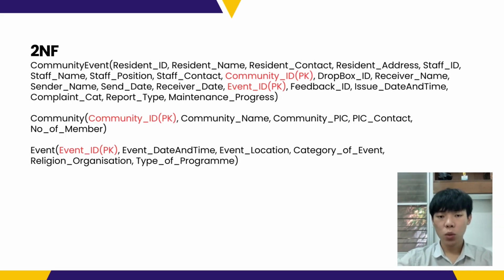Second normalized form is to create another entity for the primary key that we determined from our community event. So we will create an entity named event, and we bring out our primary key as event ID, and also its attributes: event date and time, event location, category of event, religion, organization, type of program.